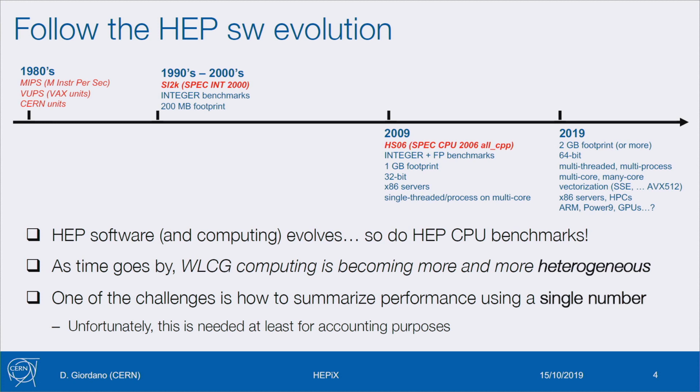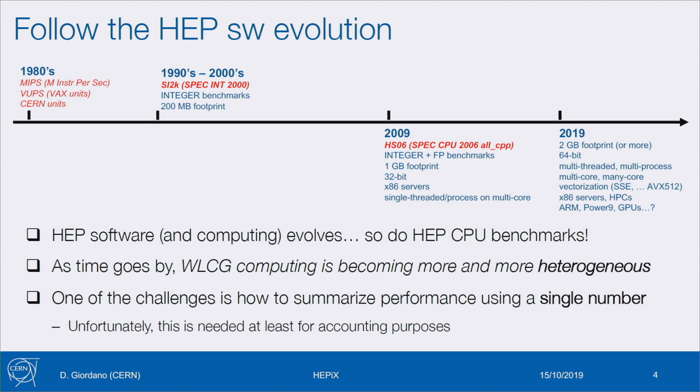Then we moved to SpecInt 2000. And then in 2009, we moved to HEPiX 6. In that period, in 2007, the HEPiX CPU Benchmarking Working Group was built to evaluate the benchmark at that time, then move to SPEC CPU 2006 and build HEPiX 6.